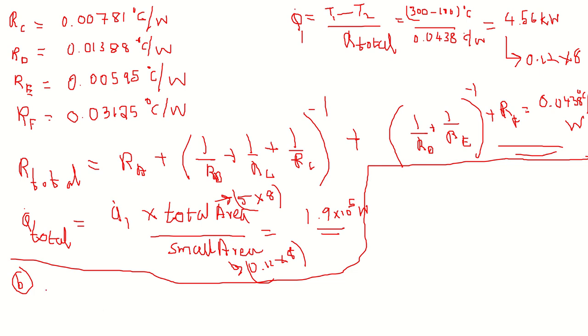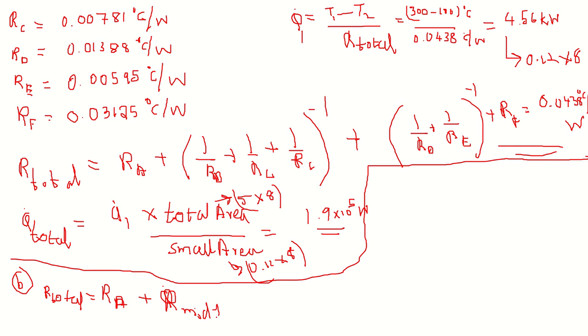You will just find R total, because heat transfer is going to be steady. Because we assume steady state. So heat transfer is not going to change. R total is equal to RA plus R in that point, R mid we call it.